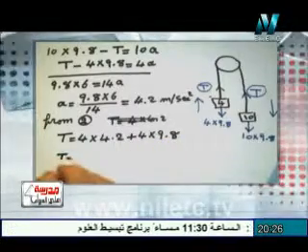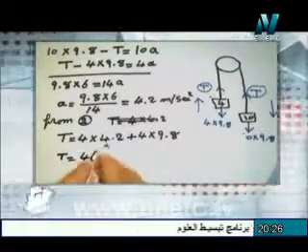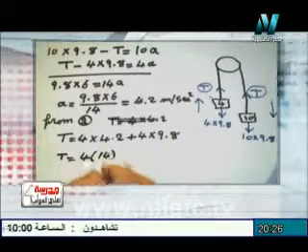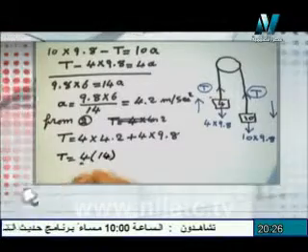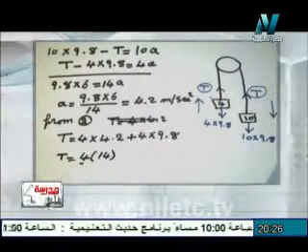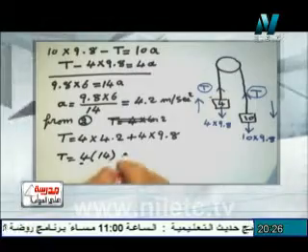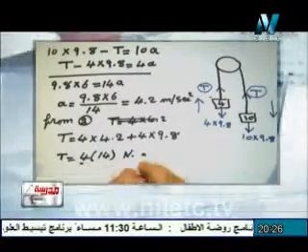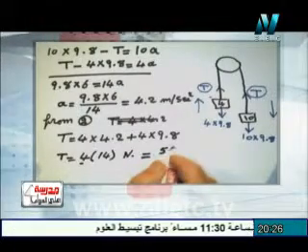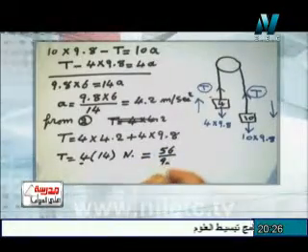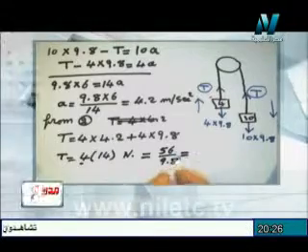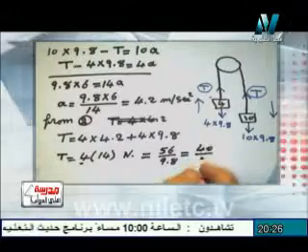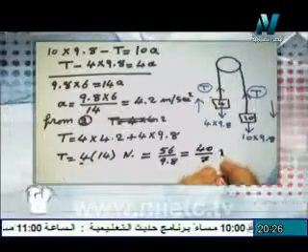Therefore T equals 4 times (4.2 plus 9.8), which is 14. Its unit now is Newton, but we have to write it in kilogram weight, so divide by 9.8. 56 divided by 9.8 equals 40 over 7 kilogram weight.